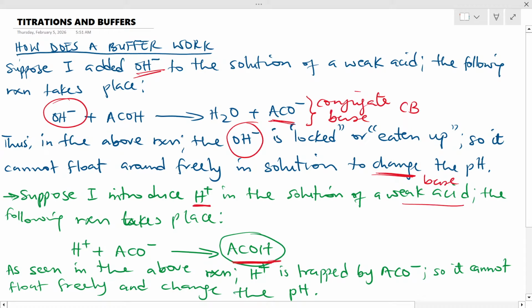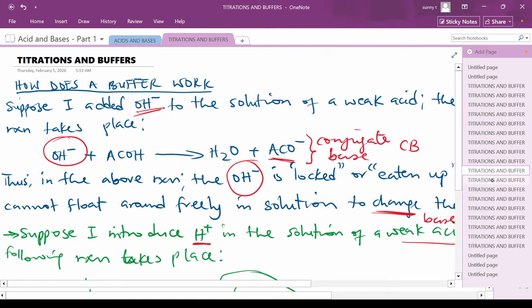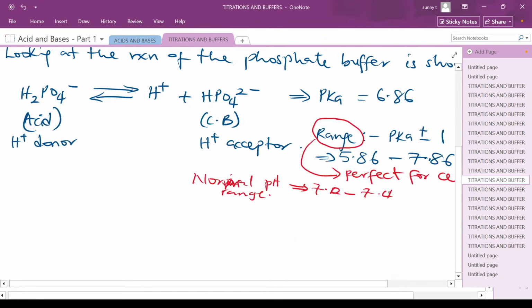And that is how a buffer solution controls pH within a range, from either having high jumps or high increases or low decreases in solution. So as seen in the above reaction, H plus is trapped by the acetate, so it cannot float freely and change the pH.